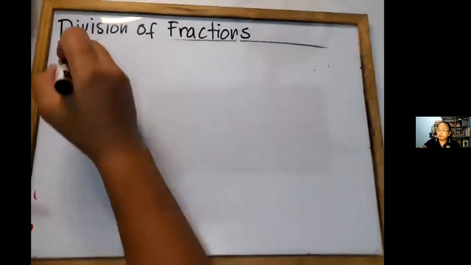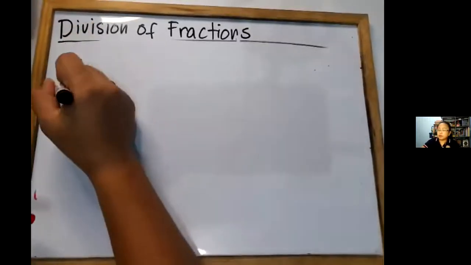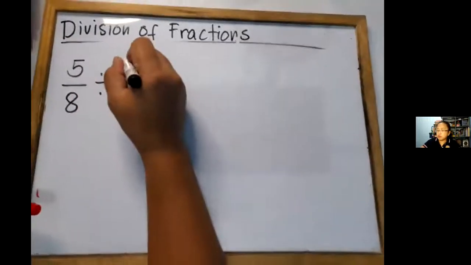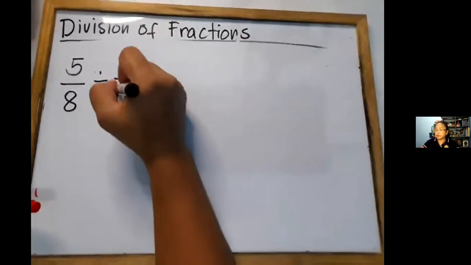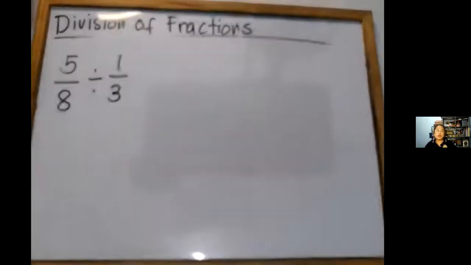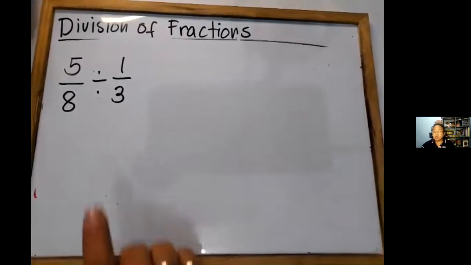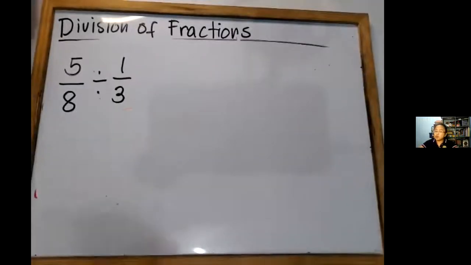Okay, so let's have another one. Suppose we have 5/8 divided by 1/3. Which is the divisor? Anong una nating hahanapin? Yung divisor. Alin ang divisor natin dito? Yung 1/3.